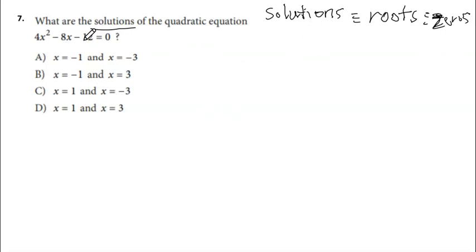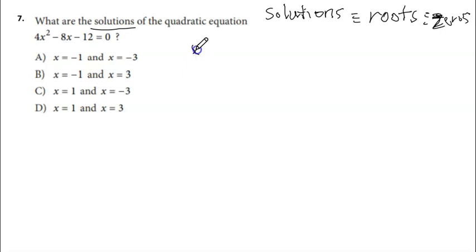All right, so here I look at this, and the first thing I would like to do is simplify the equation by dividing by 4, because I can see that 4 is a factor, right? So I can rewrite this equation as what?